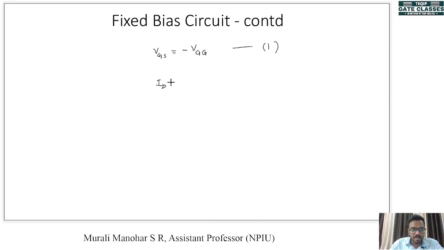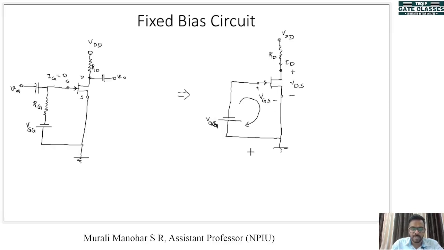ID is given by IDSS into 1 minus VGS by VP the whole square. VGS is now minus VGG, so this becomes IDSS into 1 plus VGG divided by VP the whole square.